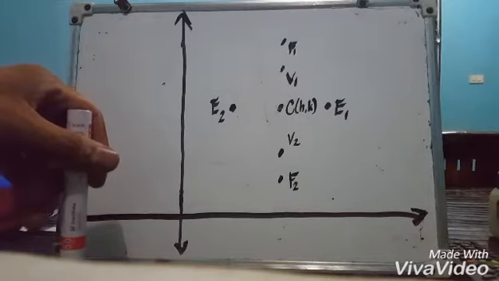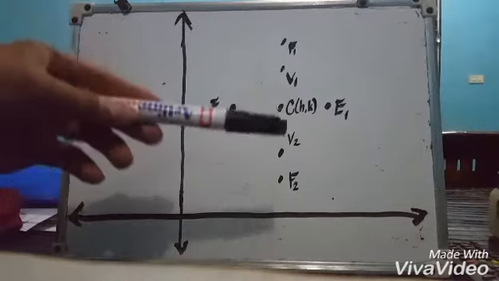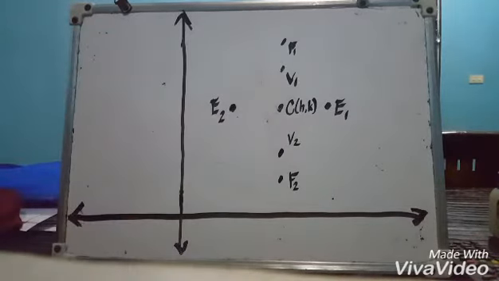Now, take note class, for an ellipse, the line segment joining V1 and V2. Take note again, this is for ellipse. The line segment joining V1 and V2, from V1 to V2, is what we call the major axis, while the line segment joining E1 and E2 is what we call the minor axis.